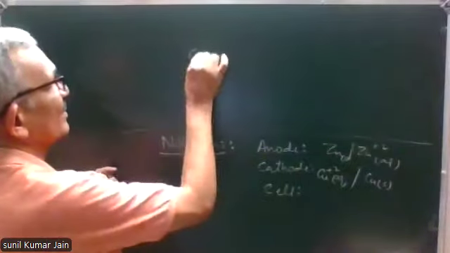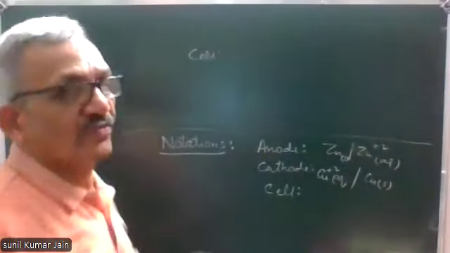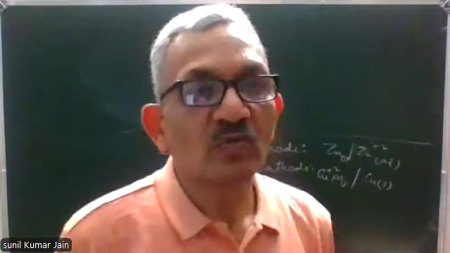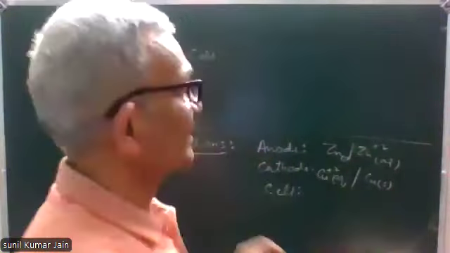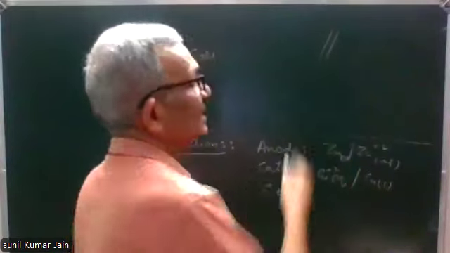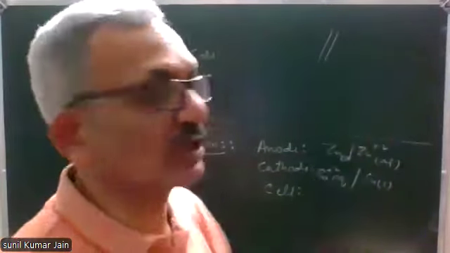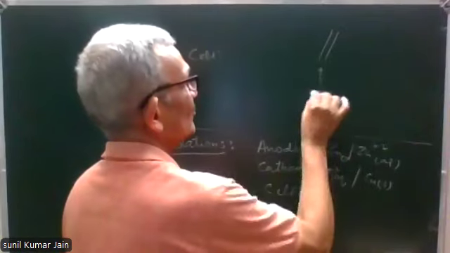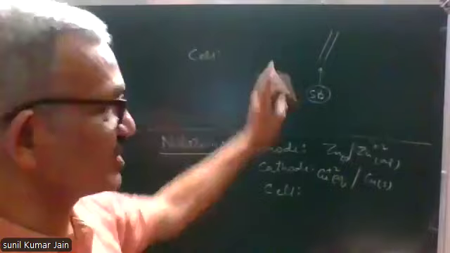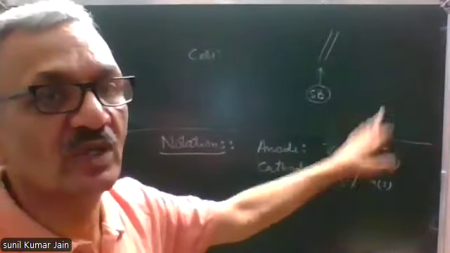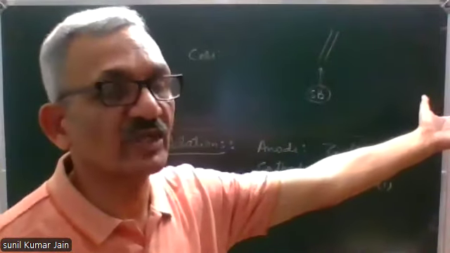Now, for notation of the cell, we use two parallel slanting lines at the center. These two lines represent salt bridge. On the left-hand side of these two lines, we write the notation of anode. On the right-hand side, we write notation of cathode.